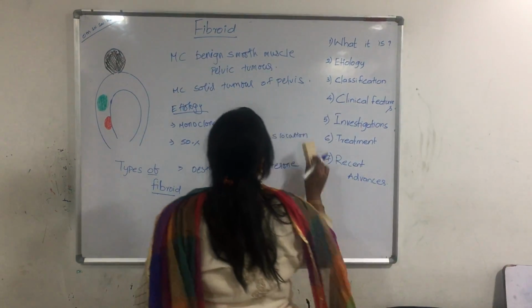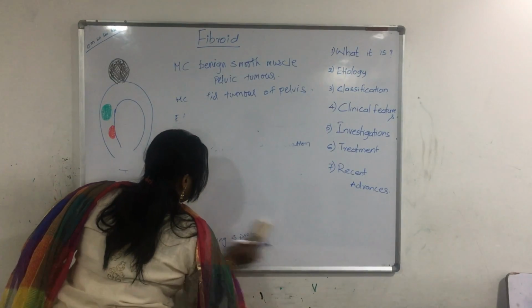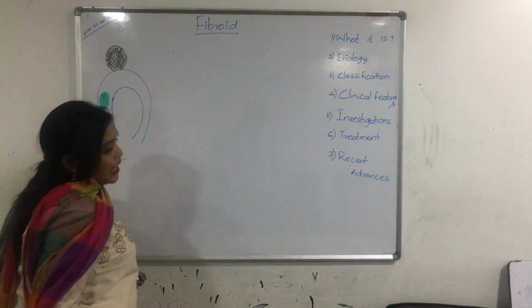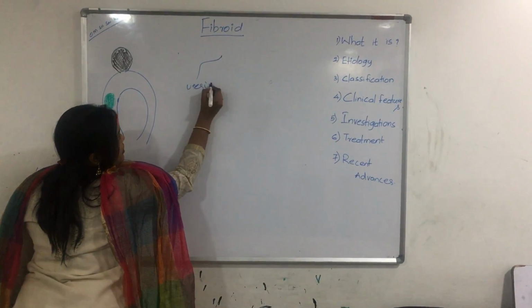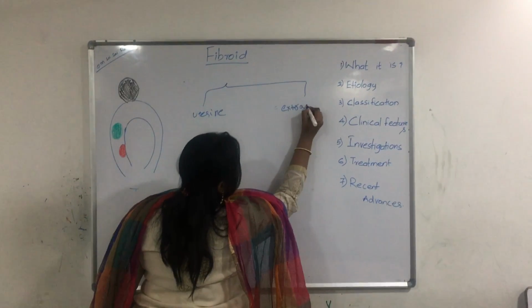Now let's go to the classification of fibroids. We have uterine fibroids and extrauterine fibroids.